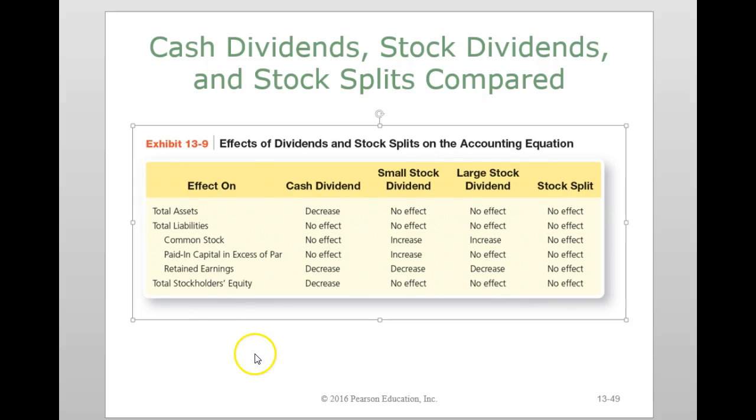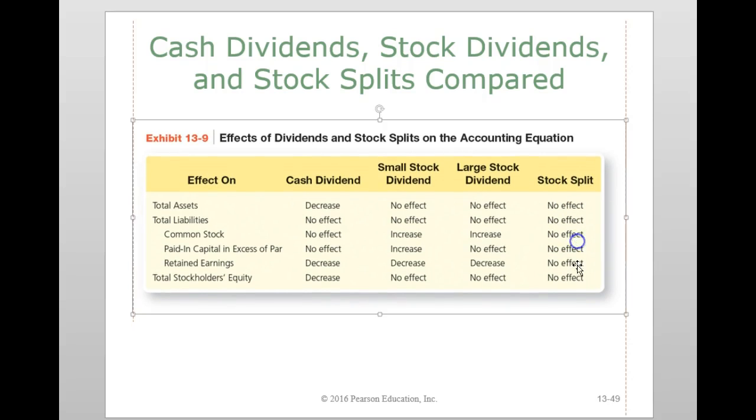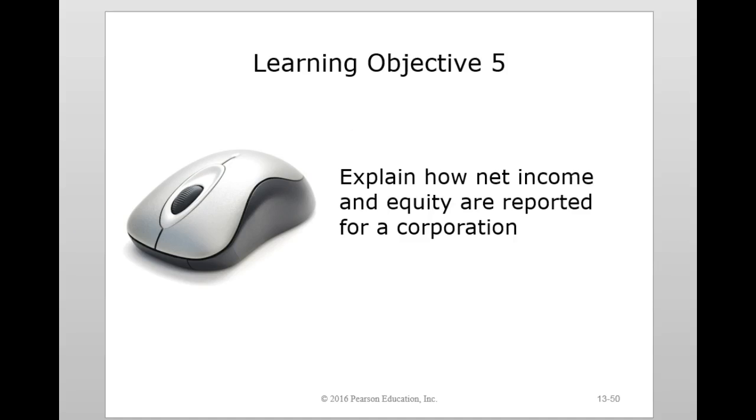If you don't want to affect anything, but you still want to reward your stockholders, you're going to do a stock split, because that's going to give them more stocks, and as it builds up market value, they will have an increase in equity. So those are dividends, and we're going to look now at net income and equity and how they're reported for a corporation.